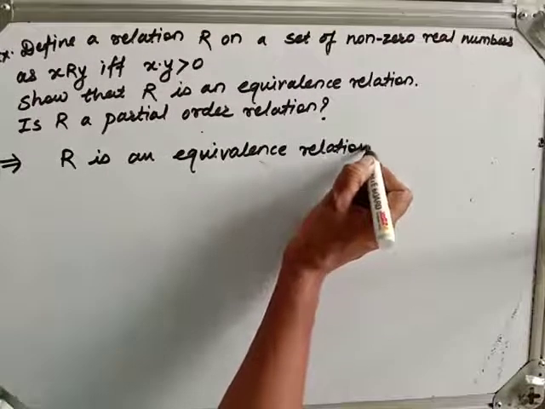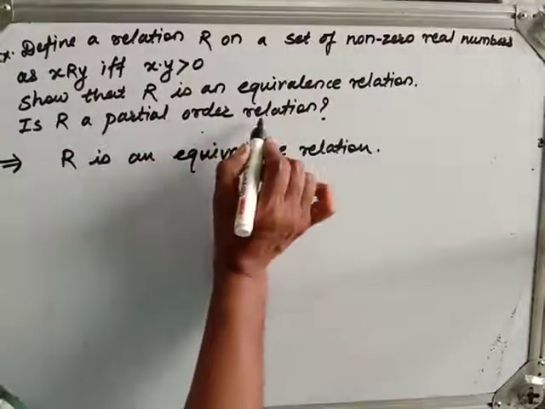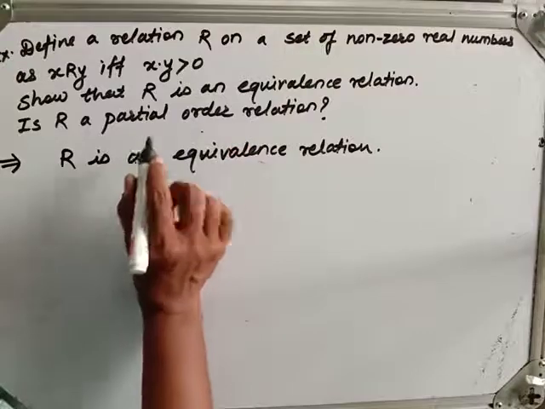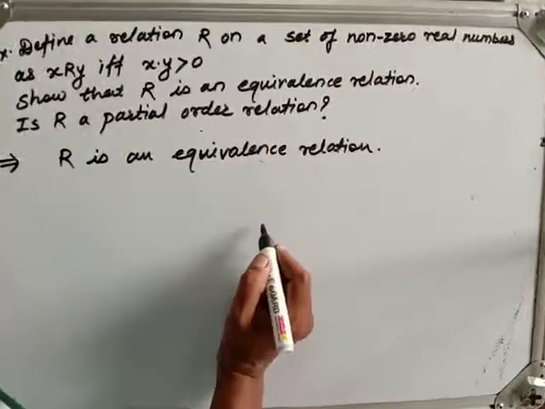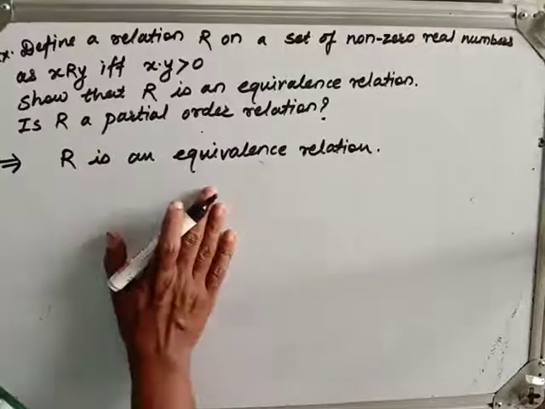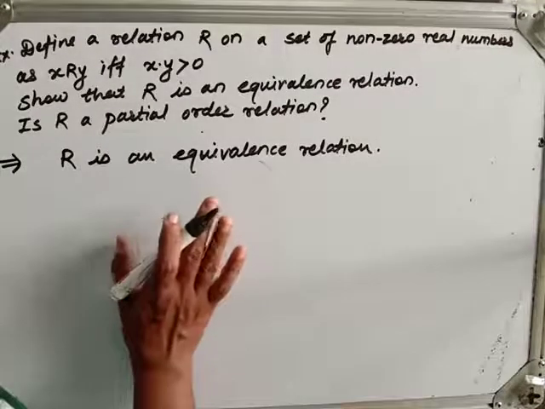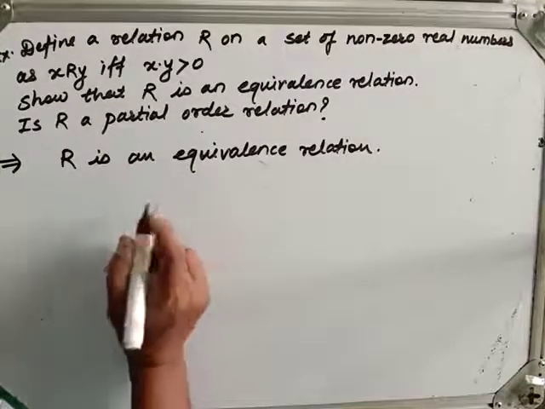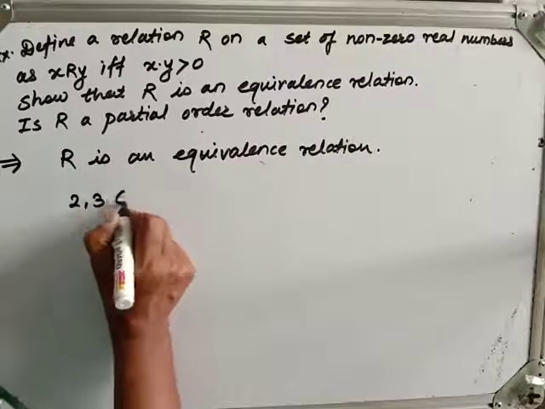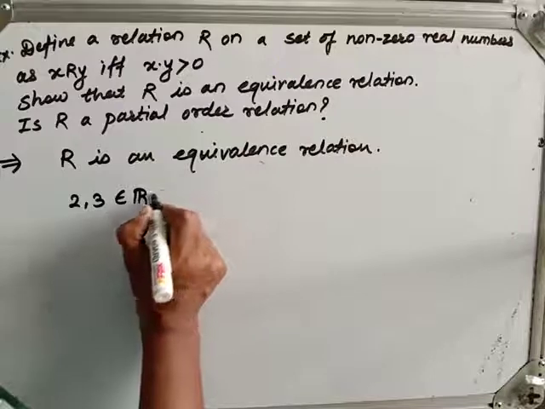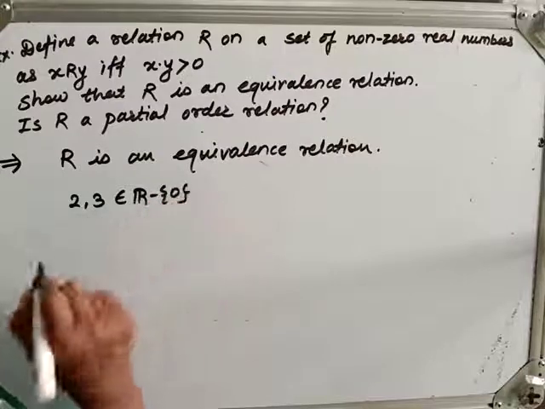Now we have to check whether it is a partial order relation or not. For a partial order relation, we know it should be reflexive, antisymmetric and transitive. Now the relation is reflexive as well as transitive. The question is left for antisymmetry. Now let me take 2 and 3 belonging to R minus {0}.